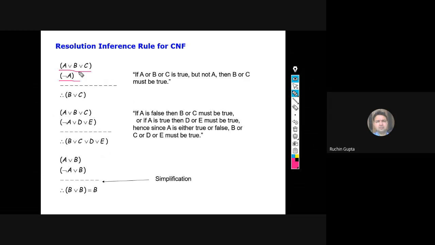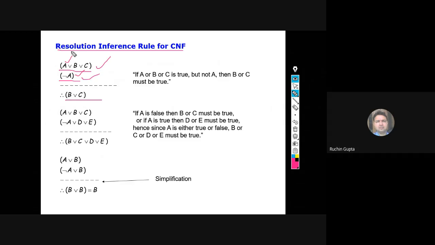In one clause I have A or B or C. In another clause I have negation of A. So this is one clause and this is another clause in my CNF. According to the resolution inference rule for CNF, if I get a propositional symbol A and a negation of that symbol, they will cancel out. So A and negation A cancel out, and I will get only B or C.